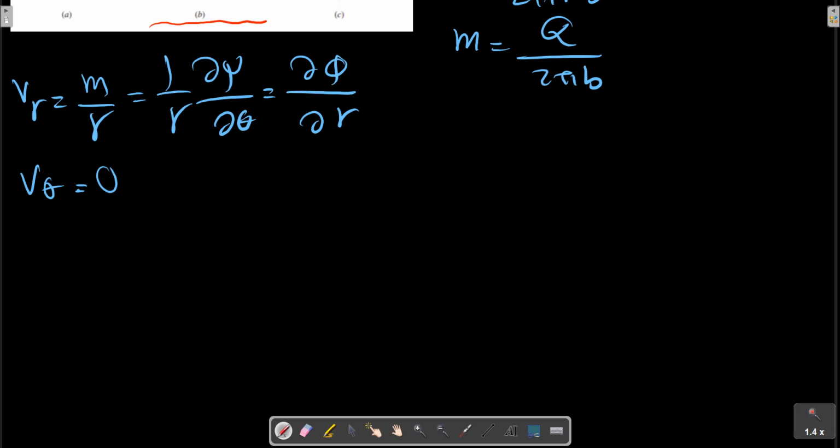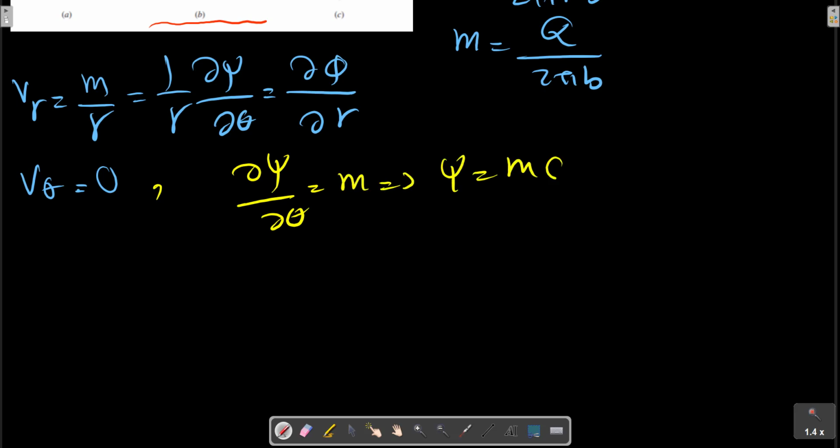Integrating and again discarding the constant of integration, we can obtain the proper functions for the simple radial flow, which are, for psi, m theta, and for phi, m on r.